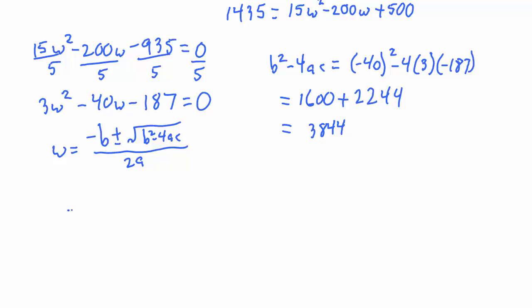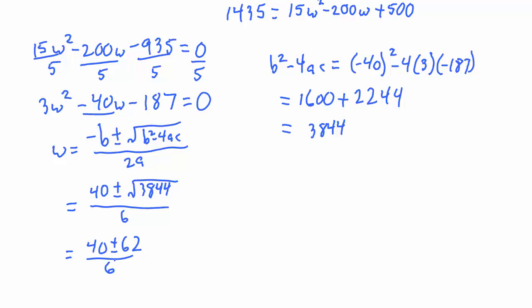So that means that w is equal to negative b. If you go back up here, negative b is positive 40 plus or minus the square root of 3844, all divided by 2 times 3, which is 6. So that's 40 plus or minus 62 all over 6.